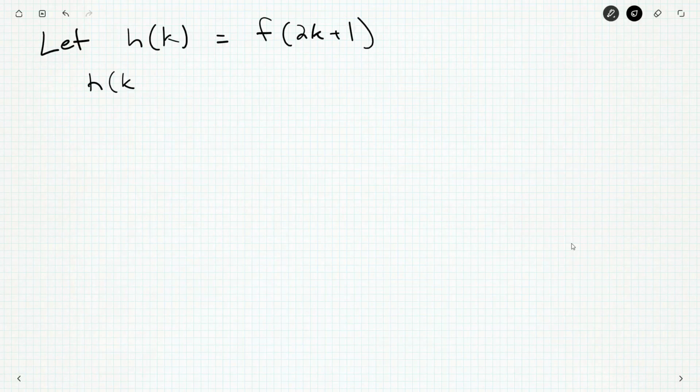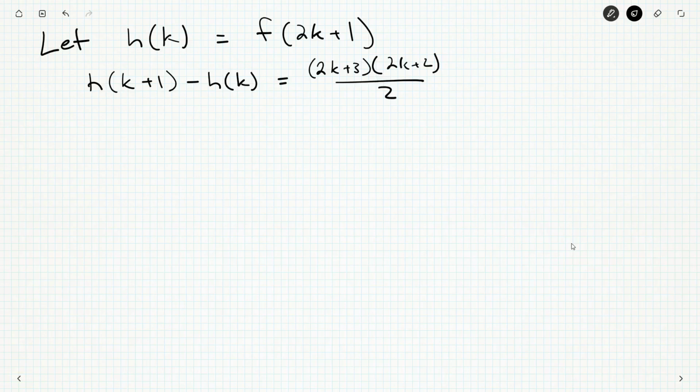So now let's let h of k equal f of 2k plus 1. I still know that h of k plus 1 minus h of k is going to be (2k plus 3) times (2k plus 2) all over 2.